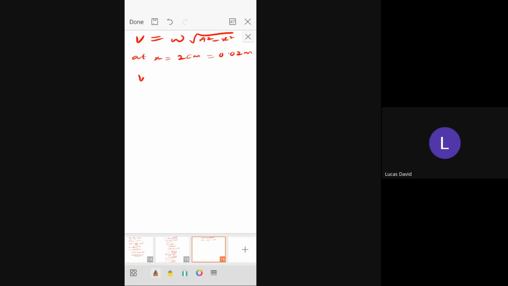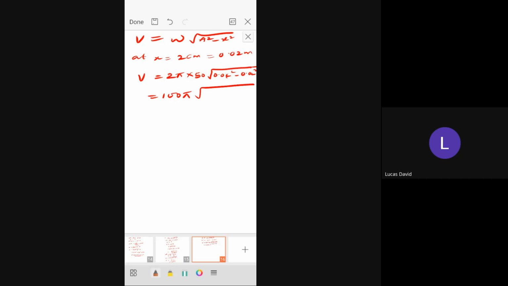So v is going to be equal to, our omega is 2 pi f, 2 pi times frequency, which is 50, multiplying the square root of 0.04 square minus 0.02 square. So everything in one square root. So this is going to be 2 times 50 times pi, this is 100 pi.